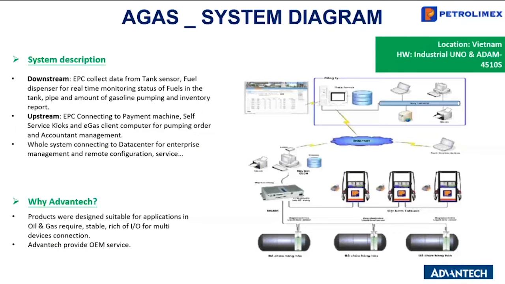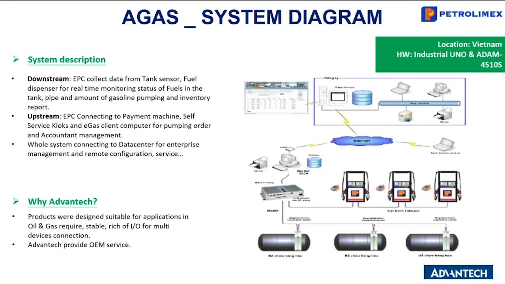For this kind of solution they provide a separate package, the downstream package, I mean the field side package. They provide the eGas system. eGas means automation gas data collection.